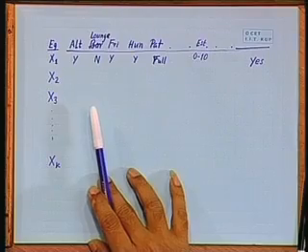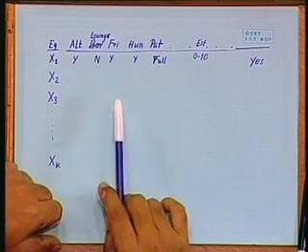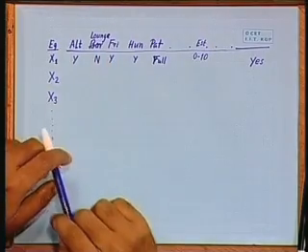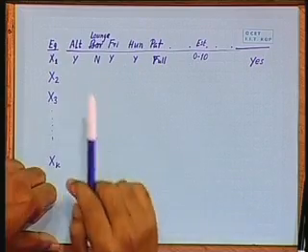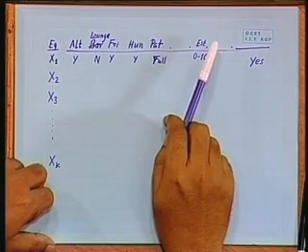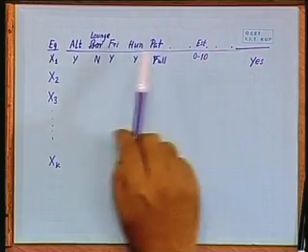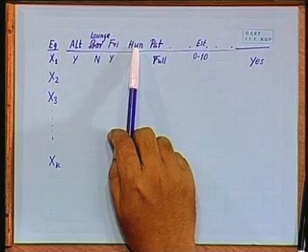And why do we expect the decision tree to be small? Because it is not the case that every decision is affected by all of these variables. Some of these variables can be overriding.